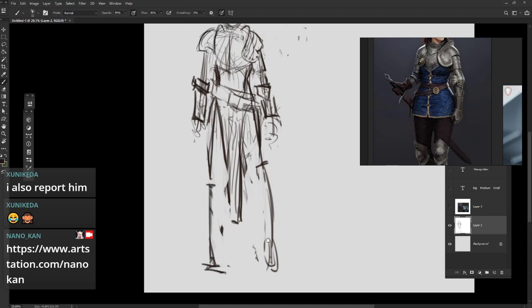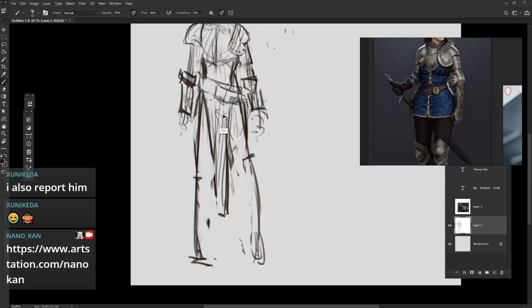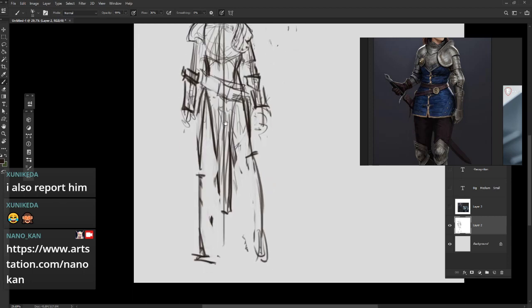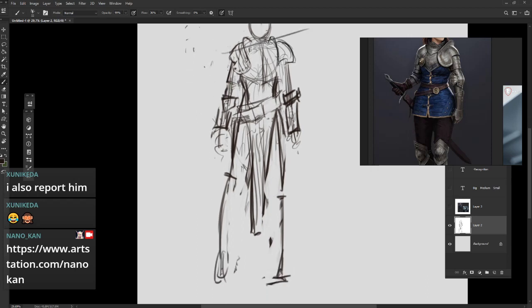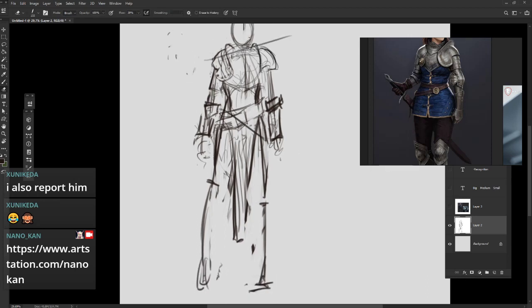This goes back straight up and down. Straight up and down. Okay, let's change it. I would actually love to do it a little bit differently here from the position.